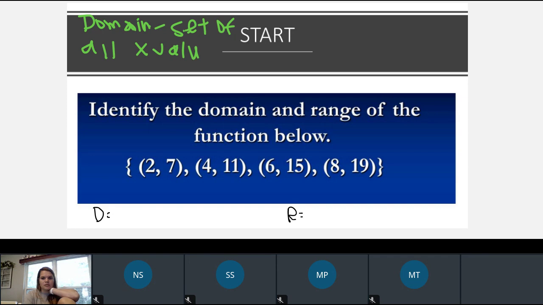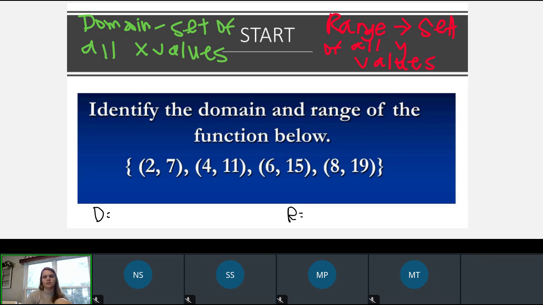Good. And then our range is the set of all Y values.